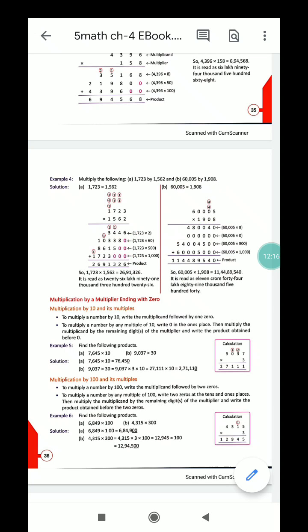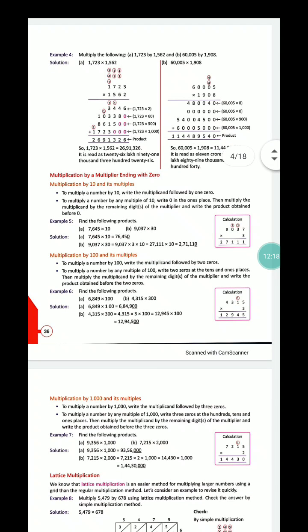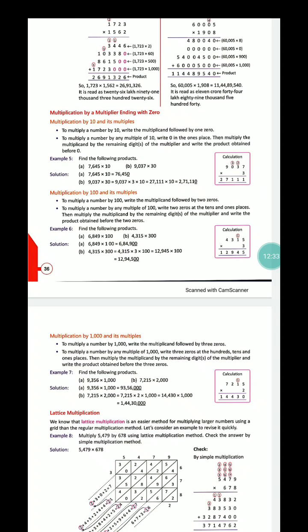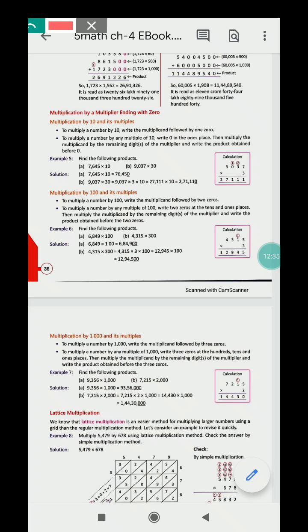Okay, now we will read about multiplication by a multiplier ending with 0. So any number which is a multiplier ending with 0, we will do a simple calculation. We have to follow these rules. To multiply a number by 10, write the multiplicand followed by 0.